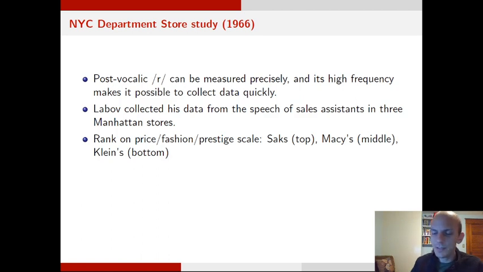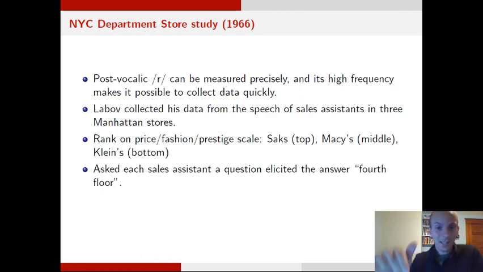So he went to these places, which he ranked by socioeconomic status, and he would talk to a sales associate, somebody who worked there, and he would ask a question, trying to get the answer fourth floor. He would already have known that men's clothing was on the fourth floor.